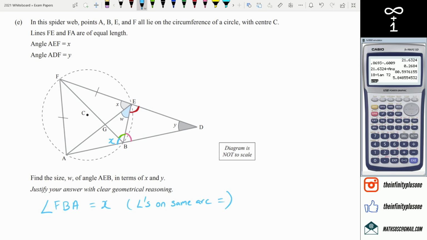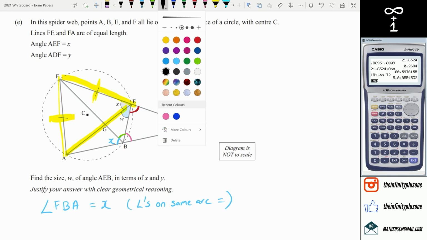Now I need to figure out what the green angle is. To figure that out, I want to see what other information I've got here. I've got an isosceles triangle, which is this right there, because as you can see, there's a line there and a line there. I'm going to use black.